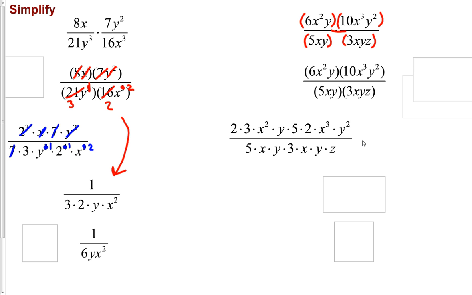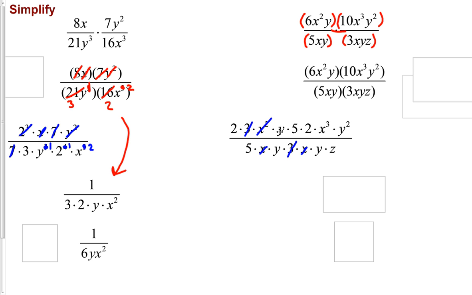And now let's see what we can get rid of here, what we can cancel out. Well, first of all, I see a 3. I see an x and an x, which can link up with this x squared and cancel that out, because x times x is x squared, so that was an equivalent operation.